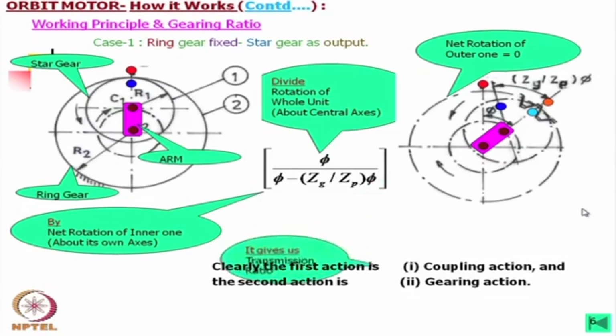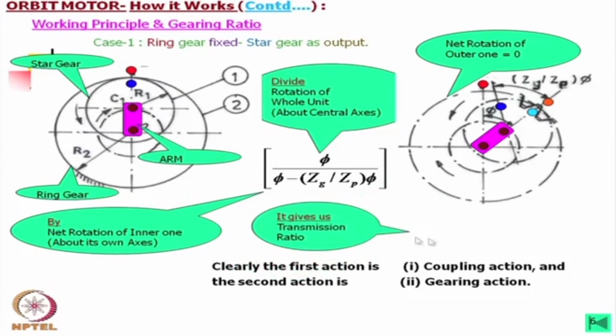If we equate further, we get the transmission ratio, which is equal to minus Zp over (Zg minus Zp). This is the difference of the teeth numbers, with Zp the teeth number of the star, and the minus sign comes from the fact that while the input is in the clockwise direction, the output will be in the anti-clockwise direction.